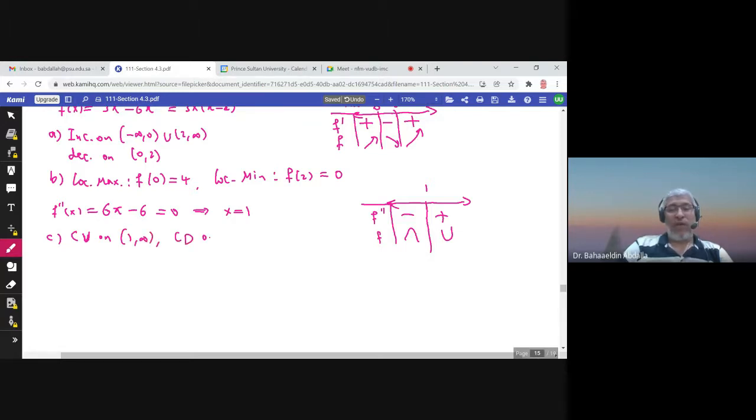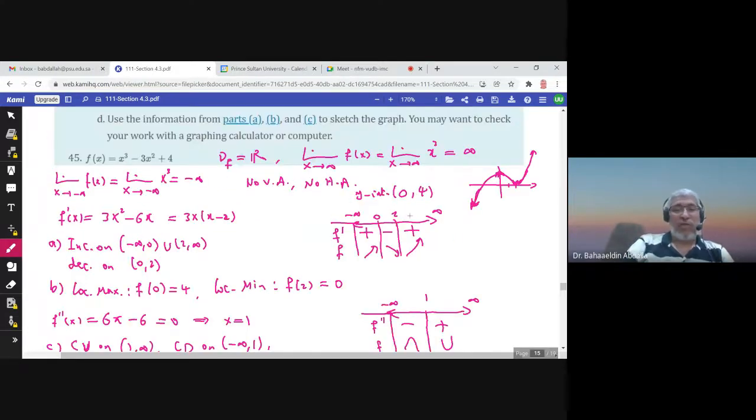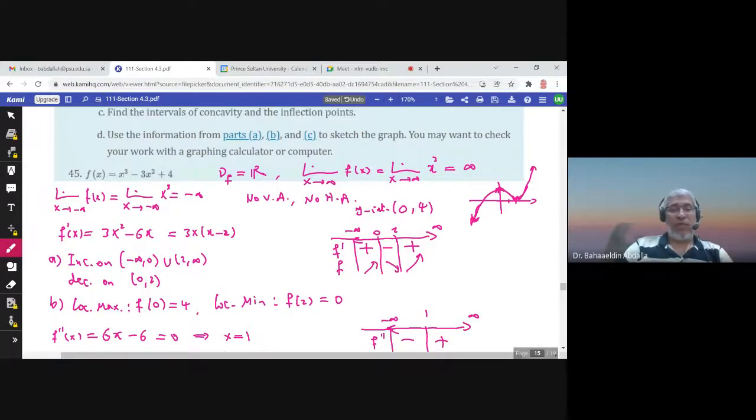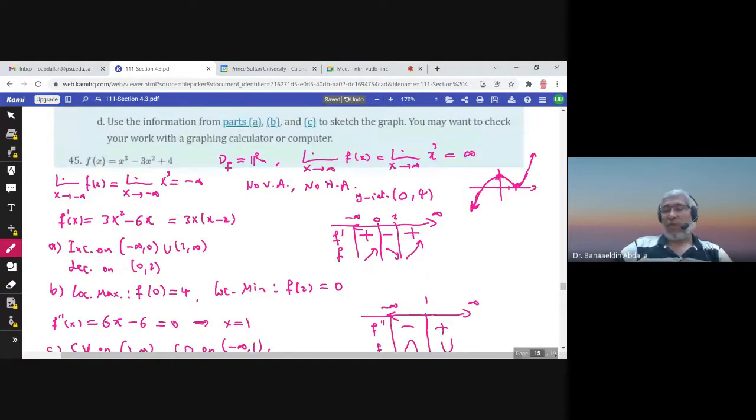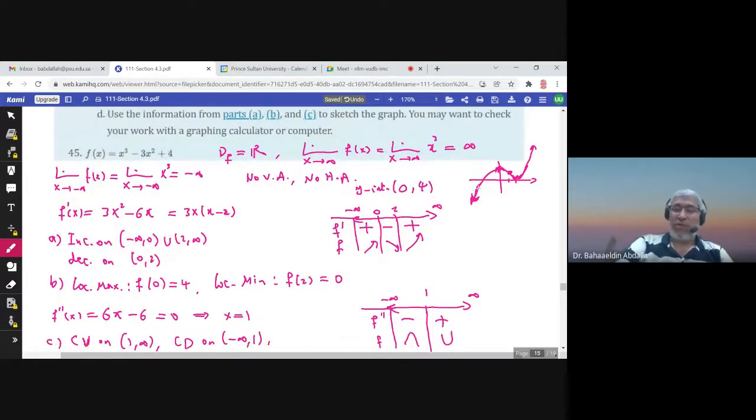It's concave down on negative infinity to 1. And I have an inflection point at x equals 1. F of 1 is 1 minus 3, negative 2, plus 4 is 2. So 1 and 2 is an inflection point.